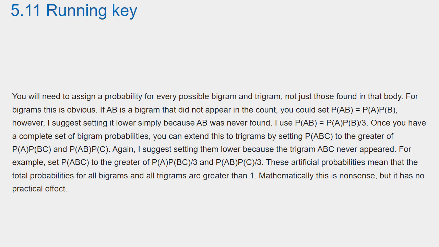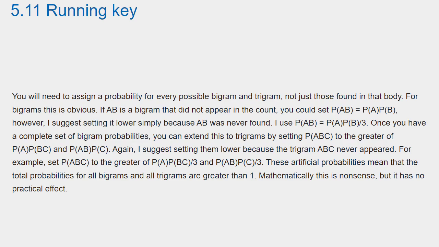Once you have a complete set of bigram probabilities, you can extend this to trigrams by setting P(A, B and C) to the greater of P(A) times P(B and C) and P(A and B) times P(C). Again, I suggest setting them lower because the trigram ABC never appeared.